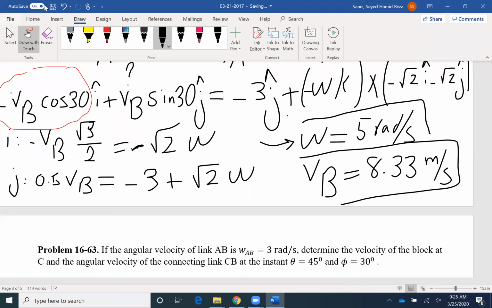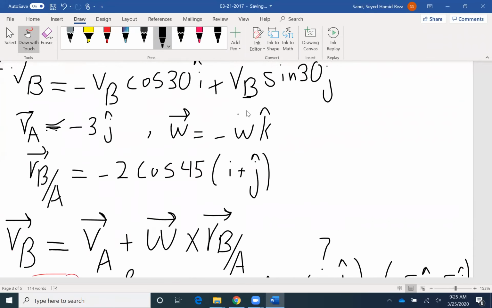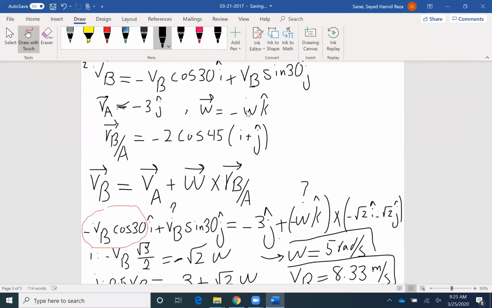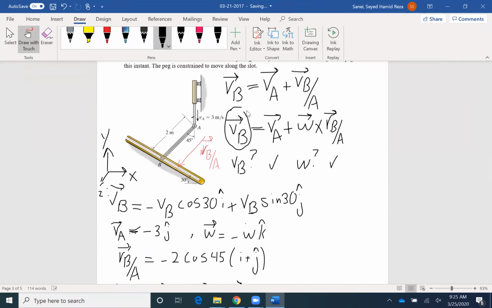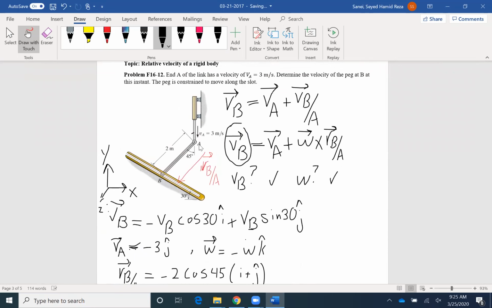So going back to the problem and looking at the problem, the main thing is to know that A and B are on one object. So we can write the relative velocity of rigid body equation. VB is equal to VA plus VB with respect to A. What is VB with respect to A is the rotation, omega cross RBA.